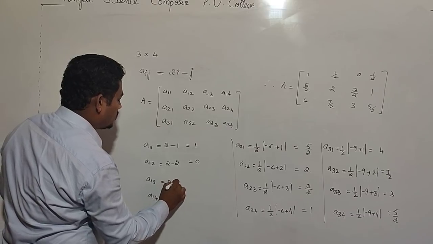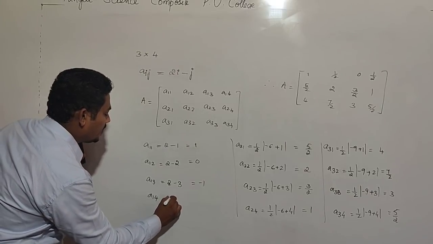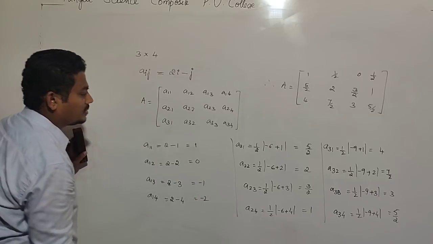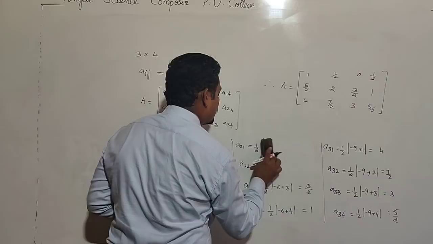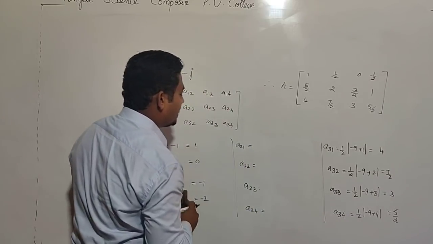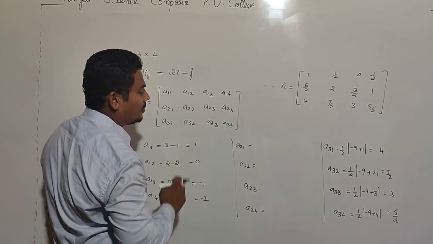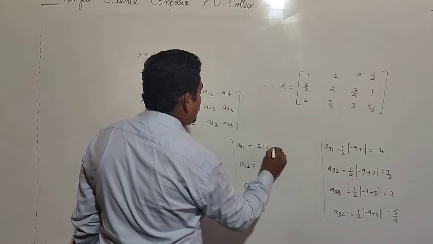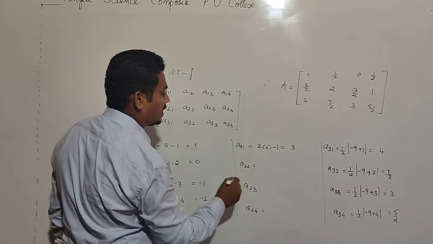Then A13: 2 into 1 is 2 minus 3, it gives minus 1. A14: 2 into 1 is 2 minus 4, it will be minus 2. Next, second row elements. A21, replace i value 2, j value 1. That is 2 into 2 minus 1 is equal to 3, because 4 minus 1.